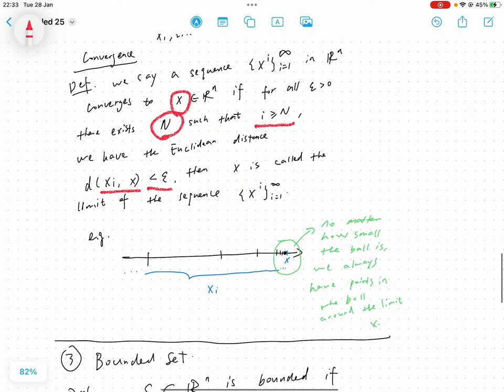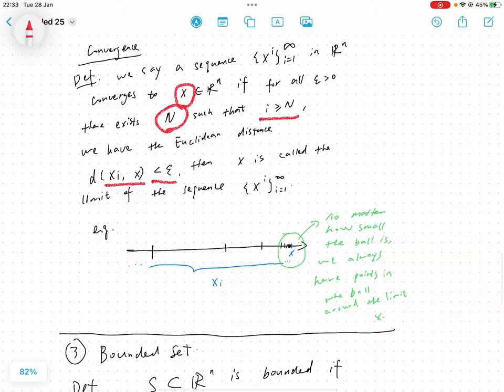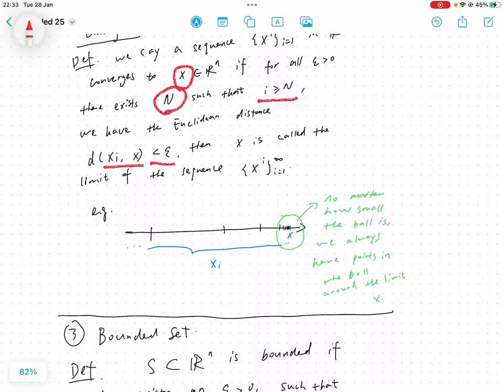Intuitively it is easy to understand, but the definition seems pretty not straightforward. So here we use this little figure to show some intuition.